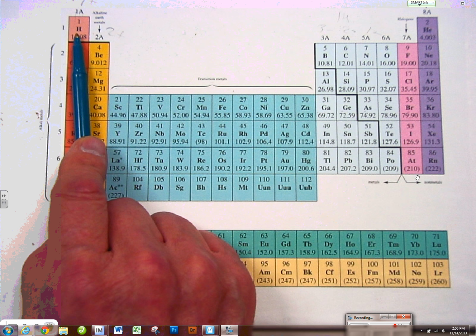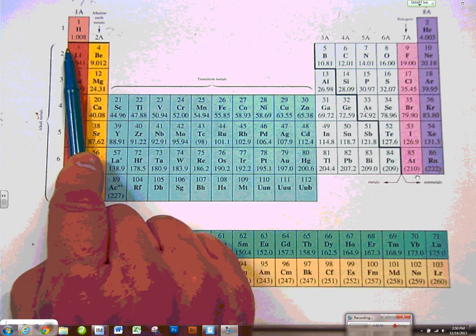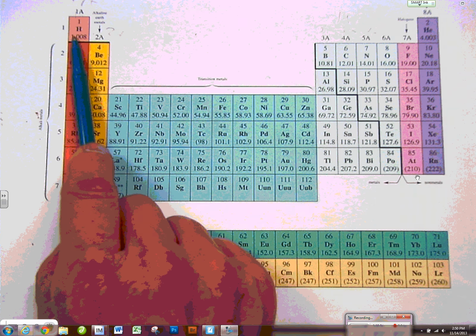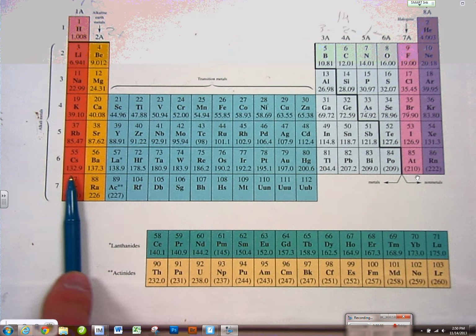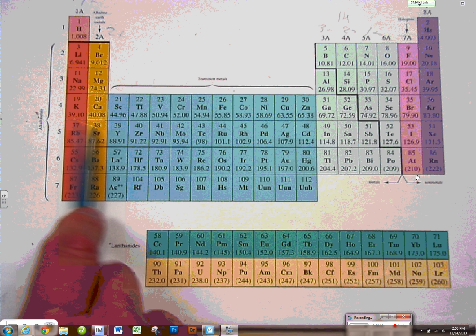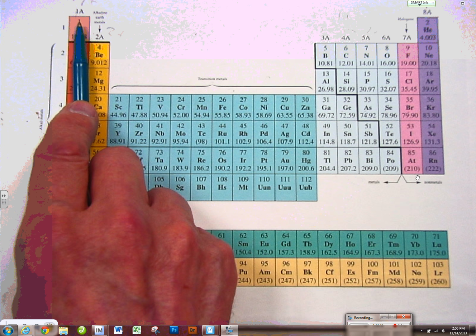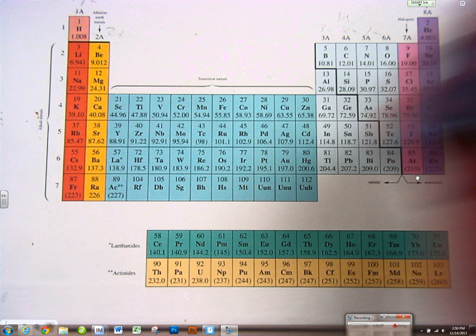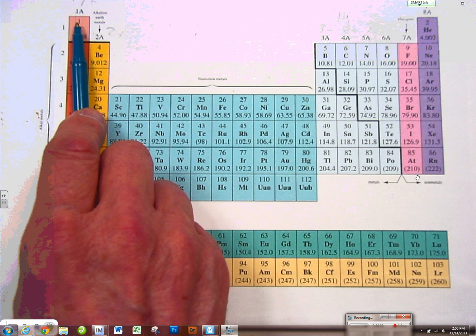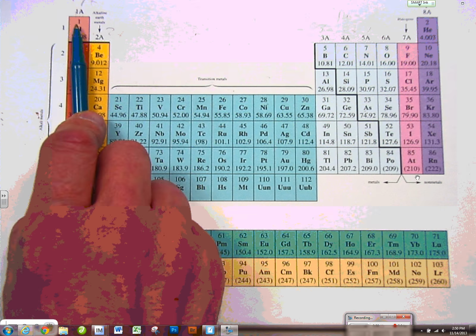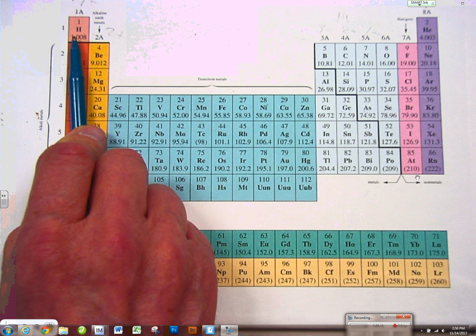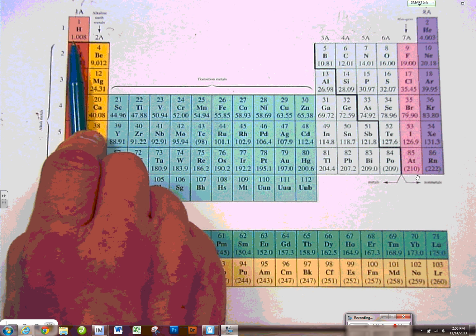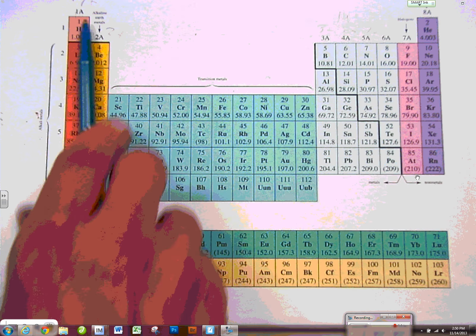Yeah, but it doesn't work also because this hydrogen is sitting in this column with what we call the alkali metals, group 1. So he's obviously not a metal. He's a gas at room temperature. He can be made into a solid, but a very poor excuse for a metal. Just not a metal.